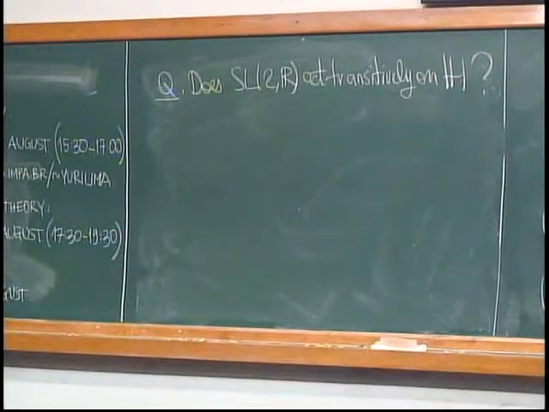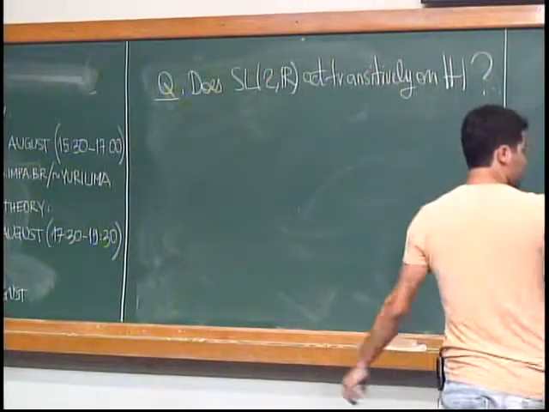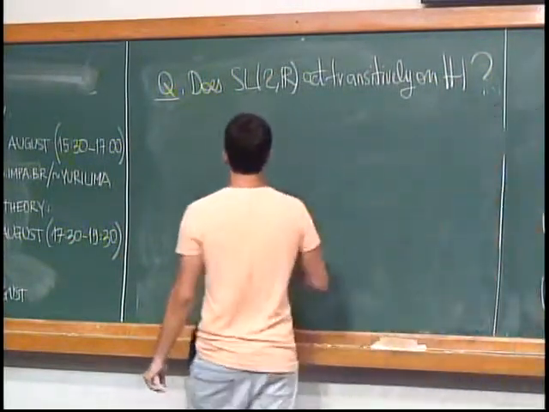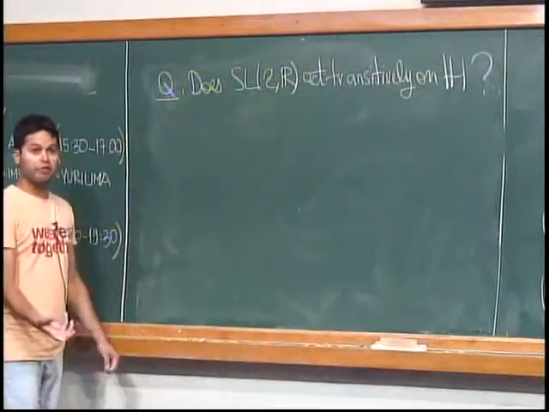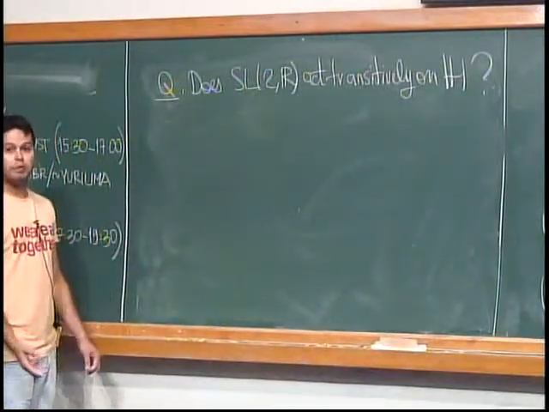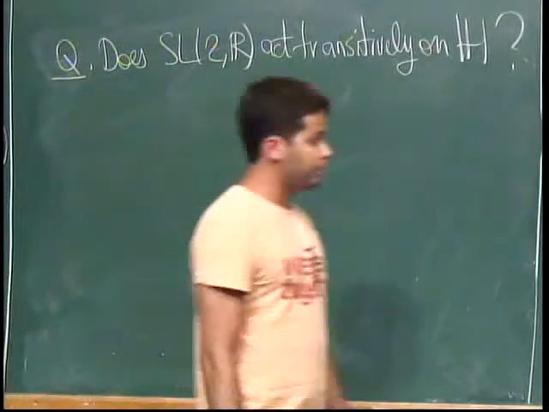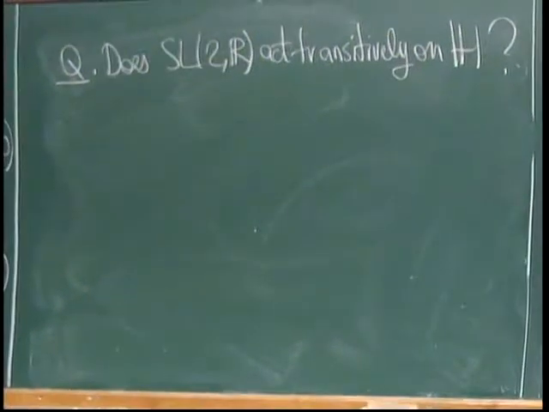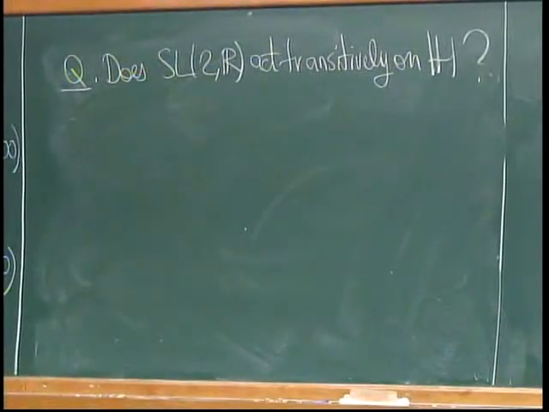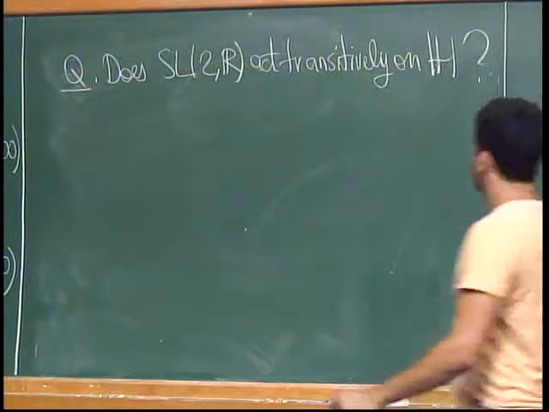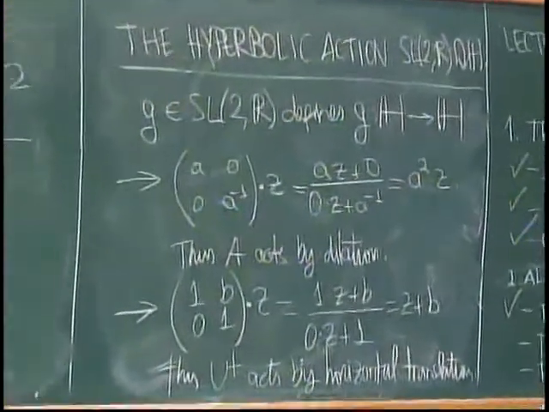If you consider the hyperbolic action of SL2R via Möbius transformations, is it possible that if you give me two points of H, you can get me a Möbius transformation that sends one point to the other? Well, just with these two properties that I wrote here, how A and U plus act on H, you can conclude that the answer to this question is yes.